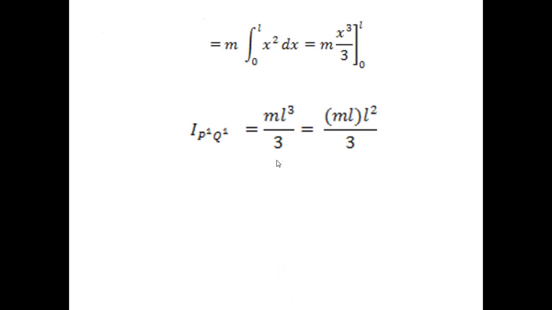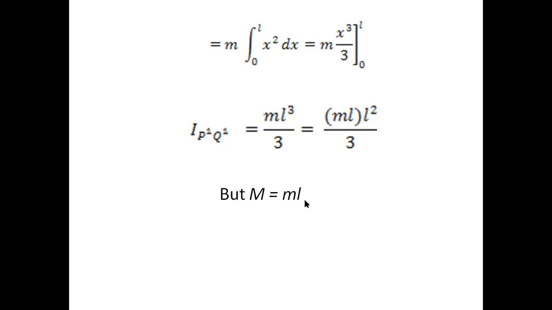Again here L cube can be written as L into L square. In the bracket term, m into L is nothing but capital M, the mass of the thin rod.